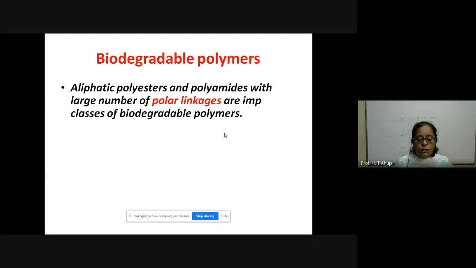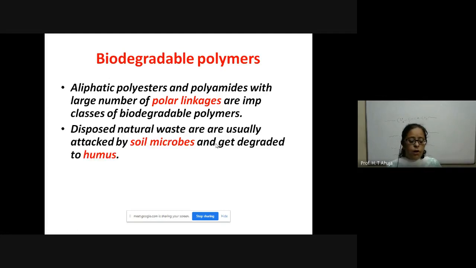As we know, there is a vast development in the polymer industry, and as I have told you earlier, without polymers, life would not have been possible. But still, it is said that synthetic polymers create a lot of environmental pollution. Because of that, biodegradable polymers came into the picture.